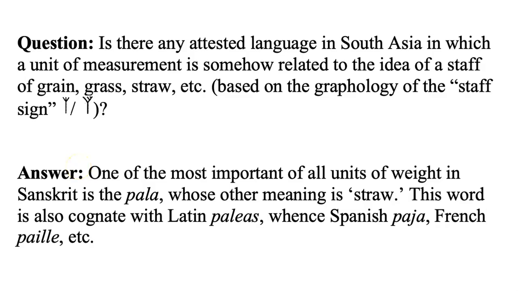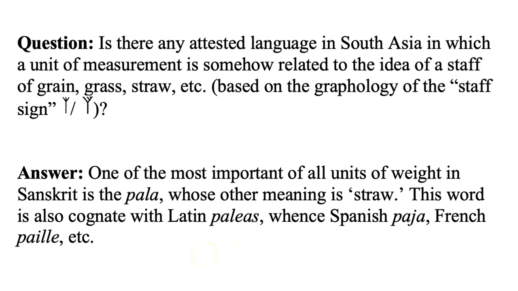One of the most important of all units of weight in Sanskrit is the pala. Notice it's a short a, pala, whose other meaning in Sanskrit is straw. And for those of you who are familiar with Romance languages, it's cognate with the Latin word palea, whence Spanish paja, French paille, etc. So this is a word that goes back to early Indo-European, and it's found in Sanskrit.